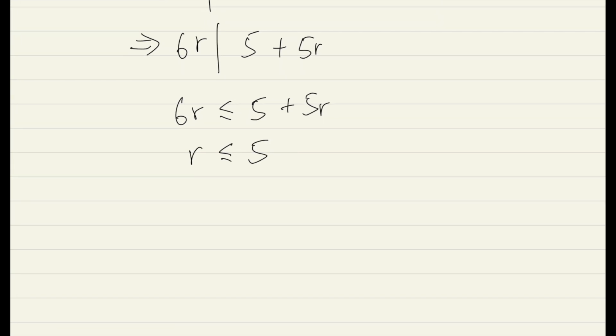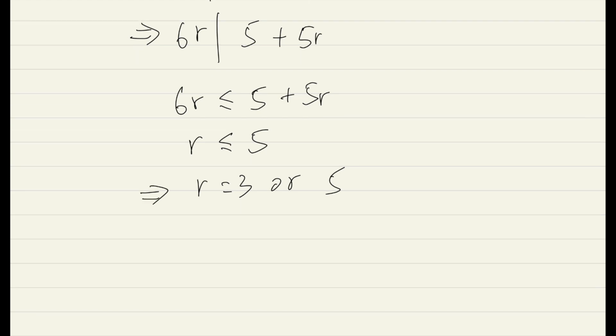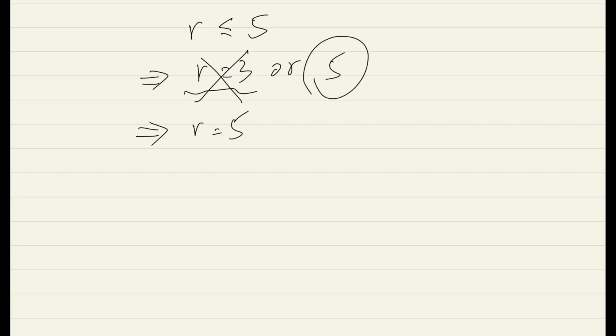So R can only be 3 or 5. Once we test the possibilities, we find that R equals 3 is not possible, so the only solution is R equals 5. Hence P plus Q plus R equals 10.